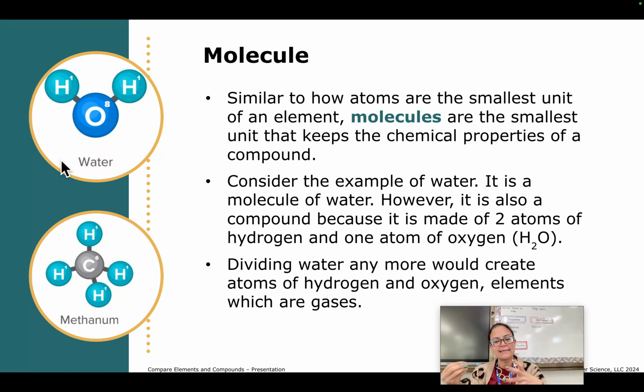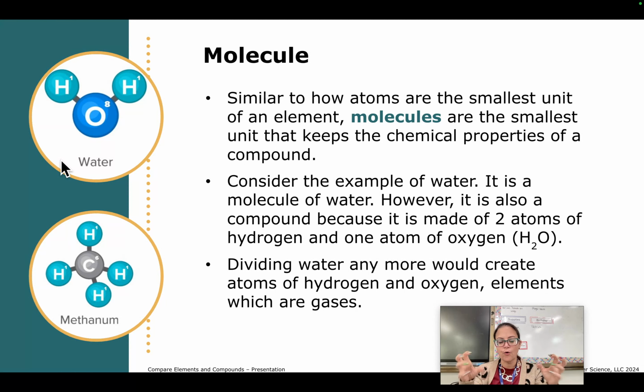Once you start breaking these things apart, they stop being what they were before. Once you break gold apart into its pieces, it's no longer gold, it's just protons and neutrons. Once you take water and break it apart, it's no longer water, it's hydrogen and oxygen. Right? So you have to have at least a whole molecule for it to be water. You have to have a whole atom for it to be gold.